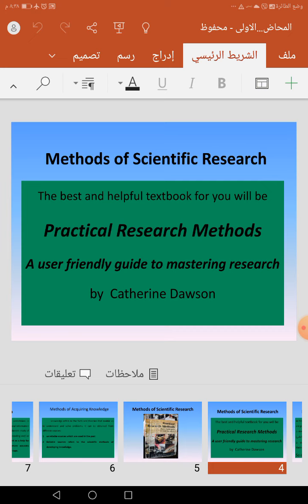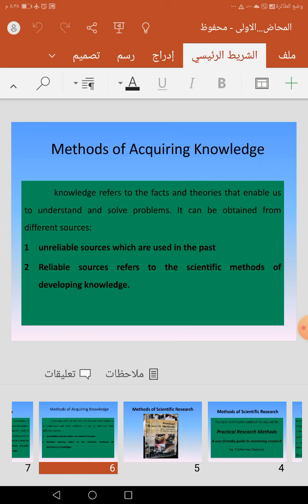So there are methods of acquiring knowledge. The ultimate goal of research is to acquire knowledge. Usually we research to understand an event or a phenomenon.